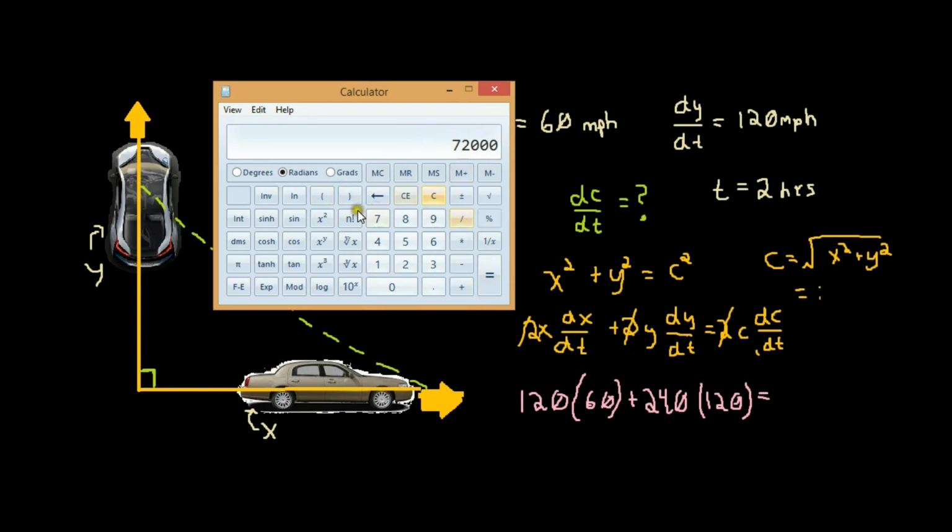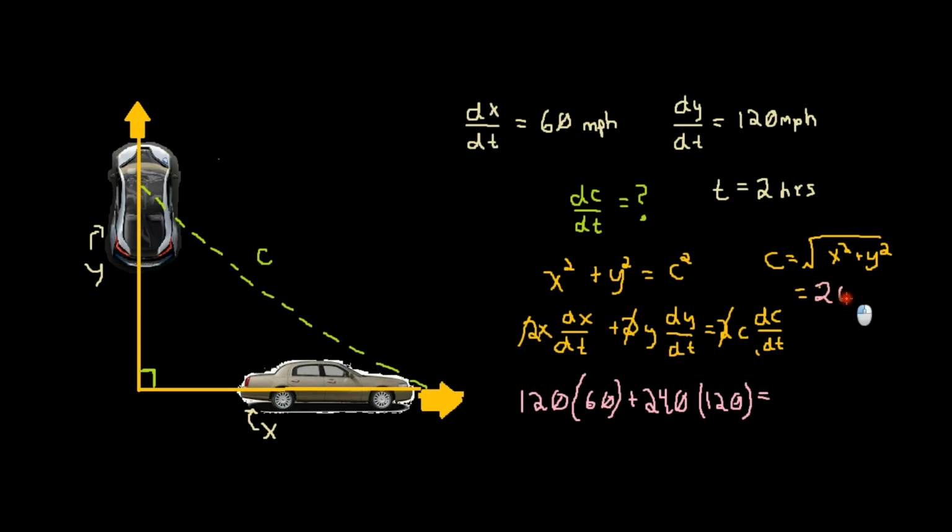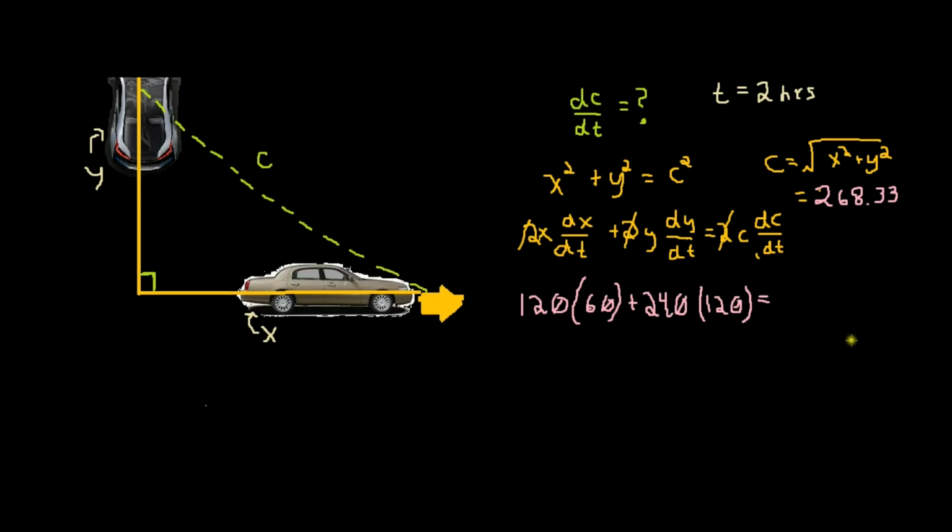It's the square root of this number, which is 268.33. I'm rounding a bit. It's actually in miles, but we don't need that at this moment.